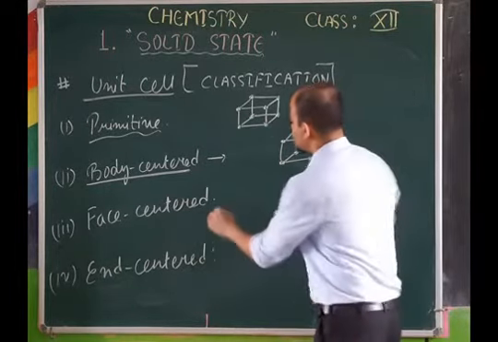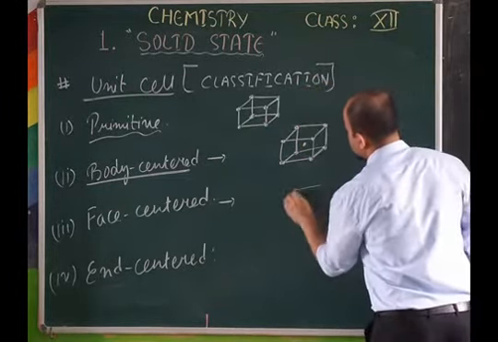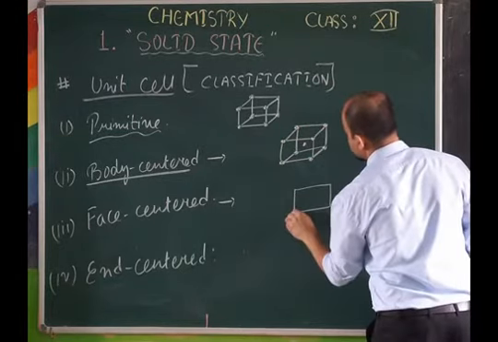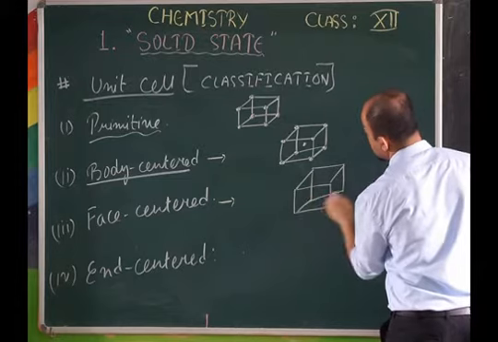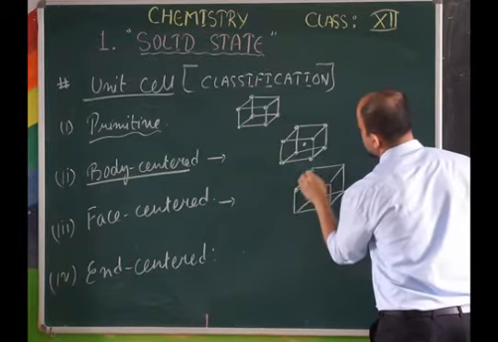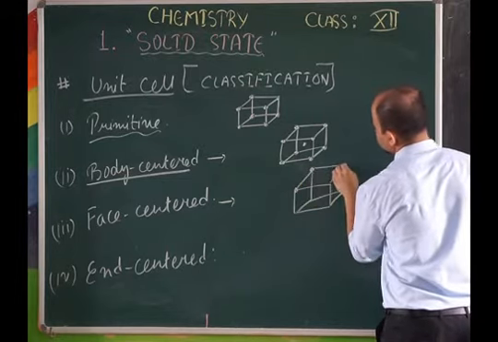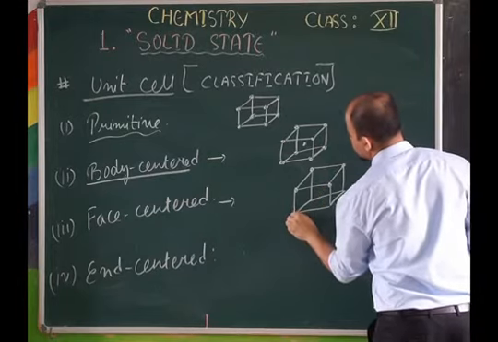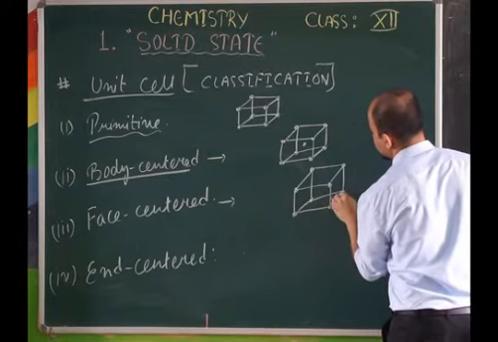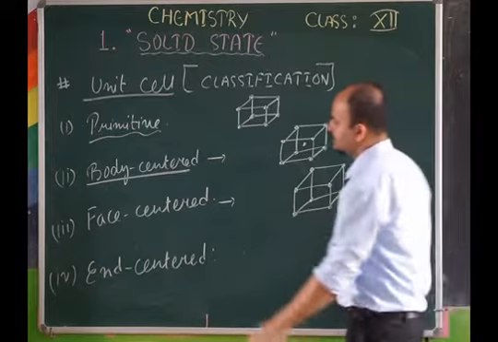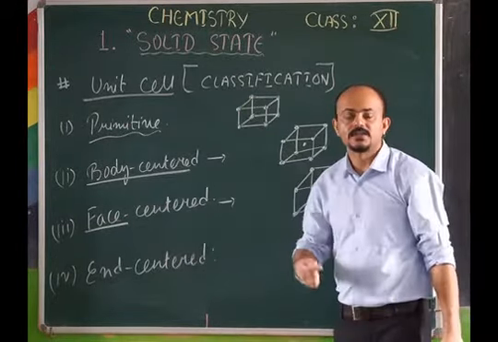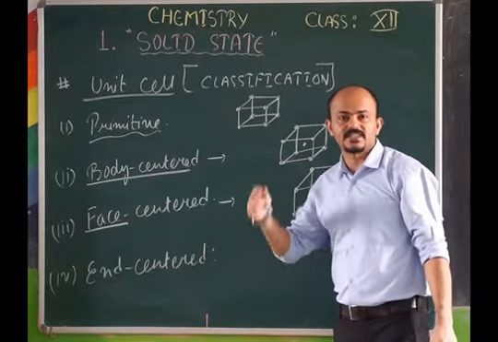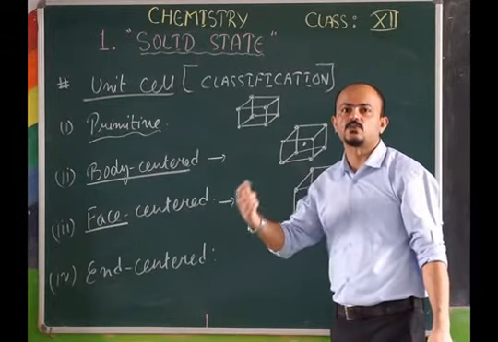So in case of face centered, now I think you can easily say it by the name itself. As I told you, every time the atoms are always present at the corners. Face centered. So in each face, means at the center of each face, it has one atom.